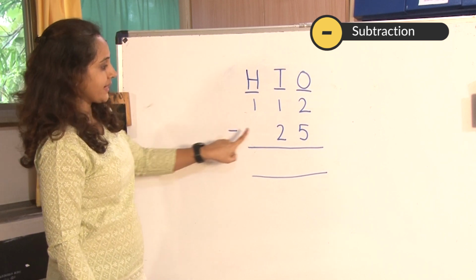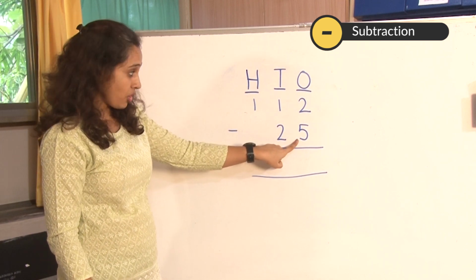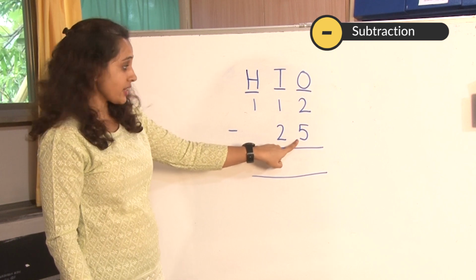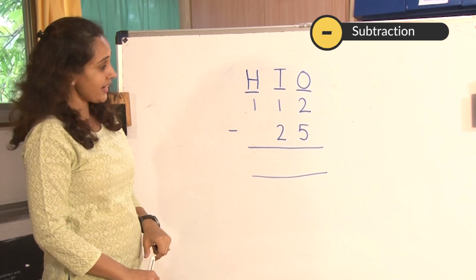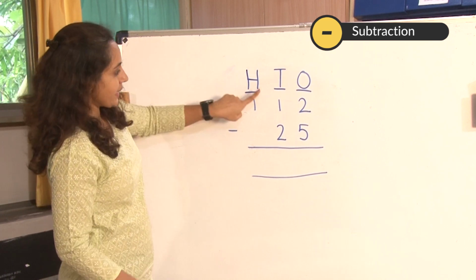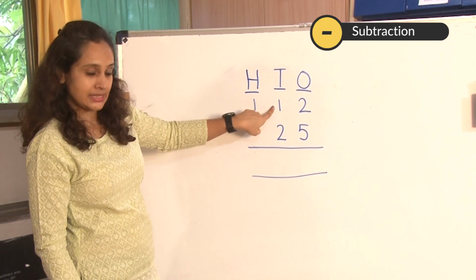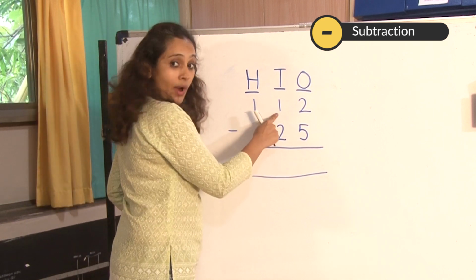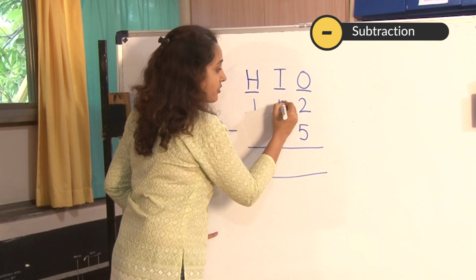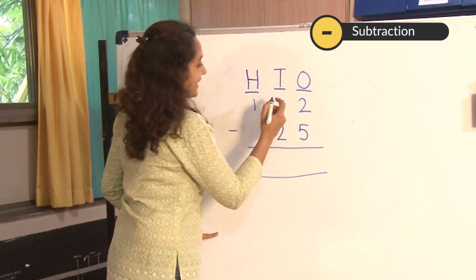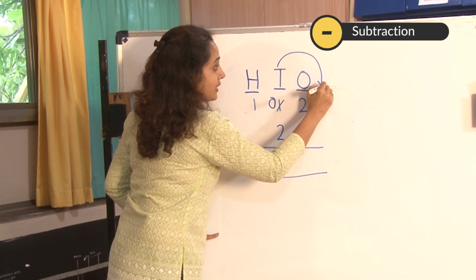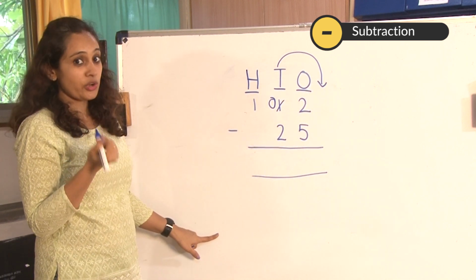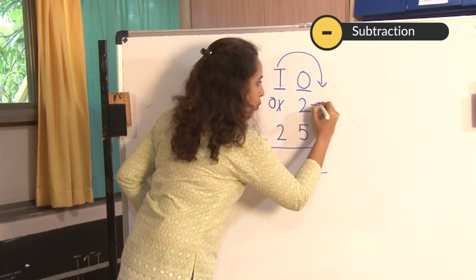2 minus 5. Is it possible for me to deduct 5 ones from 2 ones? It's not possible, right? So what do I do? I regroup the tens place. Let's do that. So I have one 10 here. When I regroup it, I won't be left with any tens. So I'll have 0. And when I regroup one 10, what do I get? 10 ones.